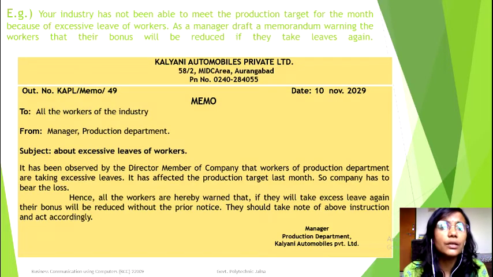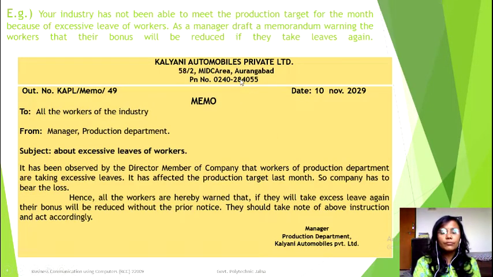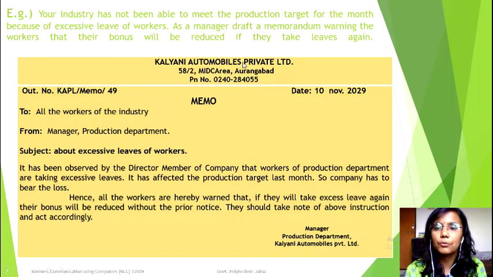We have taken the next example, an industrial example. The question is, your industry has not been able to meet the production target for the month because of excessive leave of workers. As a manager, draft a memorandum warning the workers that their bonus will be reduced if they take leaves again. See, the same steps we have taken here also. Name and address of the organization: Kalyani Automobiles Private Limited, 58/2 MIDC area, Aurangabad.